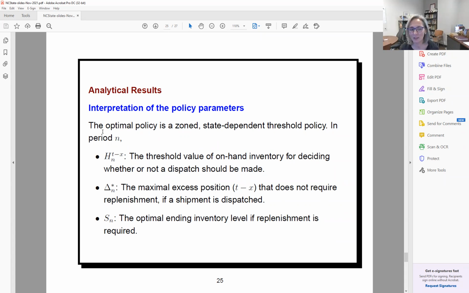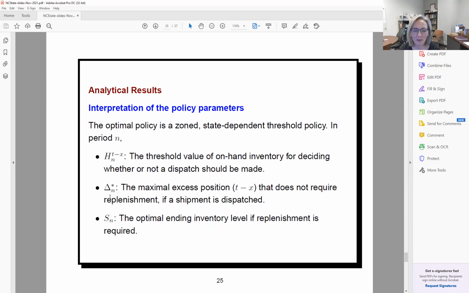In a given period, we have this threshold value H. This is the value of on-hand inventory that tells us if we should dispatch or not. And if we are dispatching, then we need to work in the zones 2, 3, and 4 of the optimal policy that I have just illustrated.